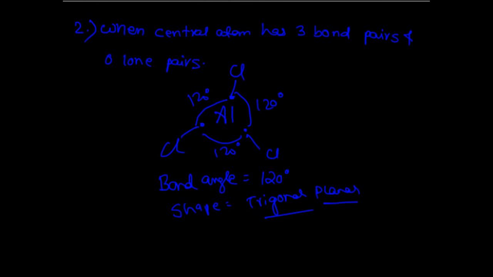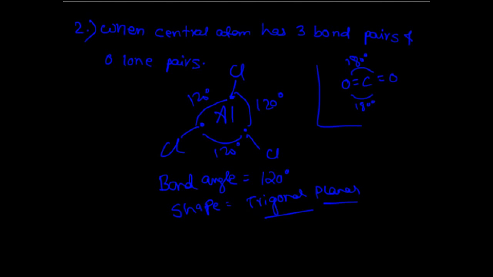In our first case, in carbon dioxide, this upper angle is 180 degrees and the lower angle is 180 degrees, and the sum is 360 degrees, and it also forms a complete circle. That is, in the first case the molecule is also planar, in the same plane, and in our second case also all the atoms are in the same plane. That is why they are considered trigonal planar.